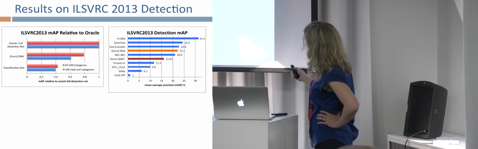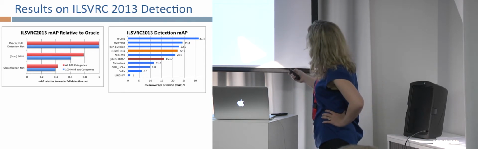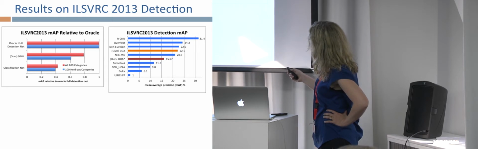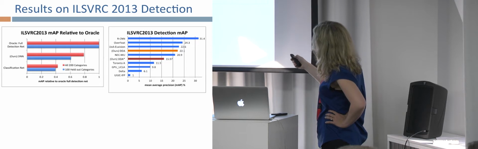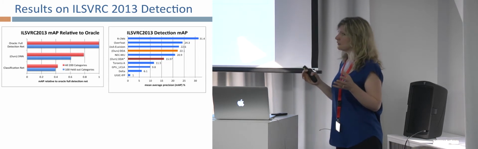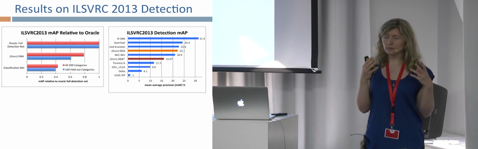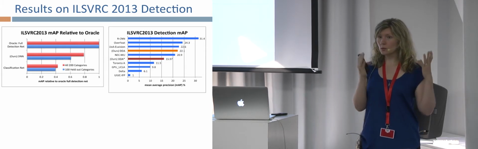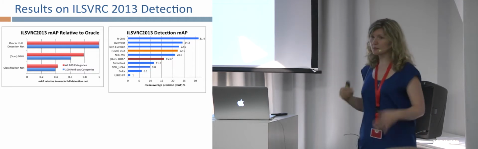In fact, RCNN needs bounding boxes for all of the training data. And our method is here, this orange line. I should say that here we're training with bounding boxes for only 100 of the 200 categories, whereas RCNN has bounding boxes for all 200.